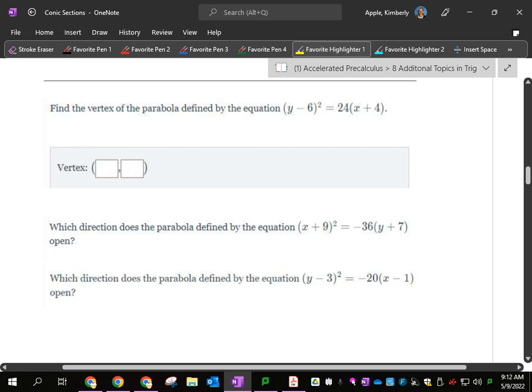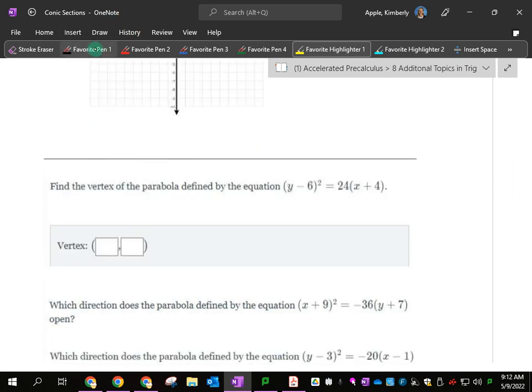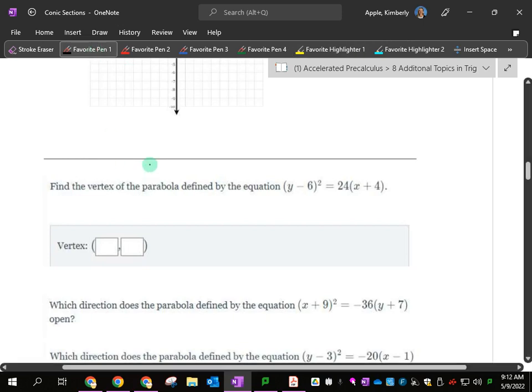And notice that you have two different equations for a parabola. Let's write them here. I've got one that opens up and down, and then I have one that opens left and right. And they have different equations.